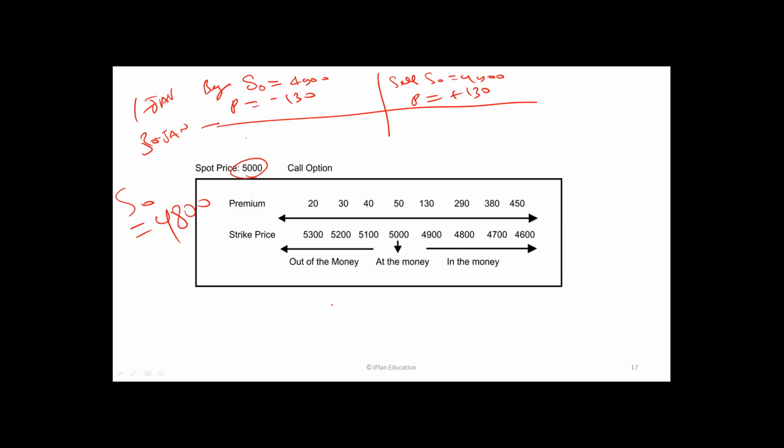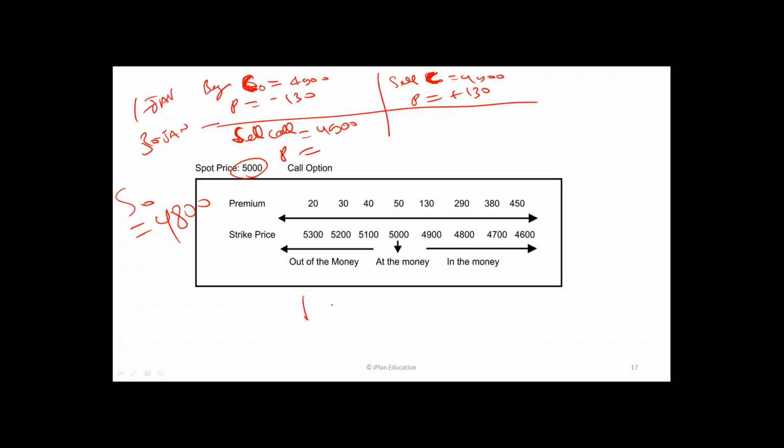Now the buyer of the call option has to sell his position to close. So he has to sell the call. I'm sorry, it is not spot, it's a call. So you're going to sell the call instead of buying. Which one? The same strike price. So what will be the premium here?